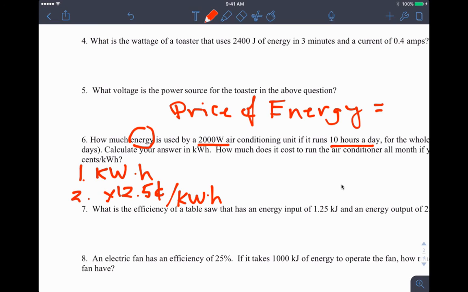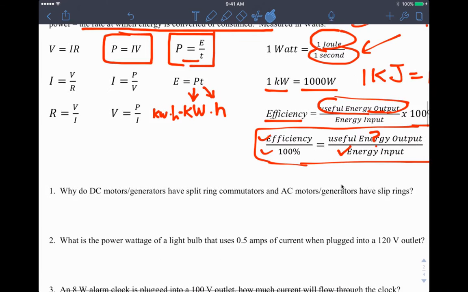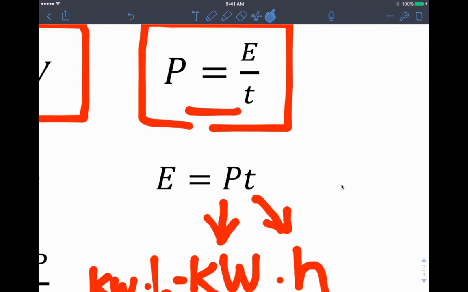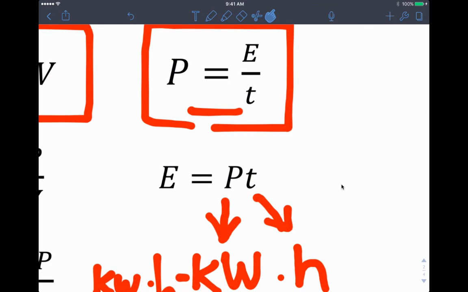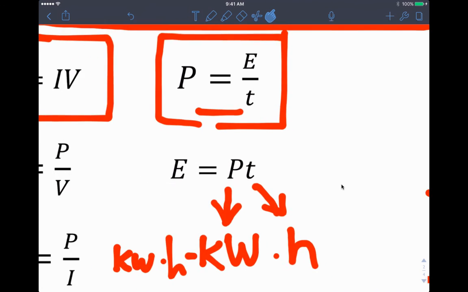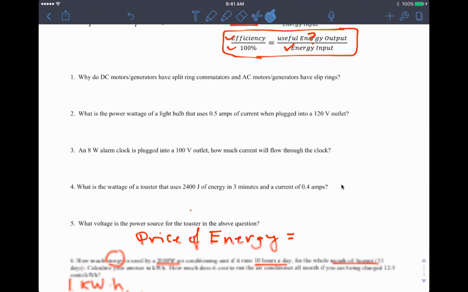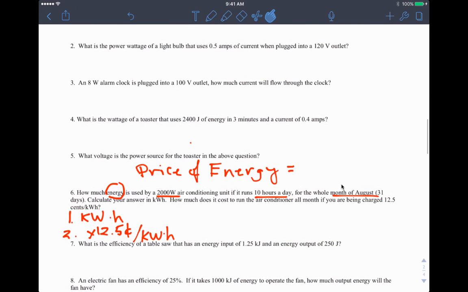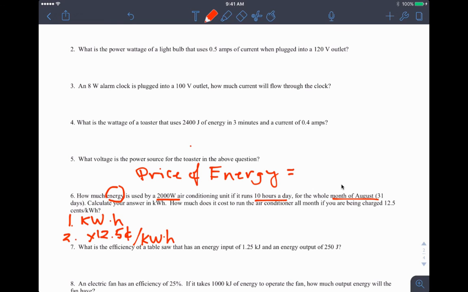So what we do is use this formula right here, E equals PT, and you just get your power into kilowatts and your time in hours, and then you multiply those two together. So let's do that for this one. I have 2,000 watts as my power. I'm going to turn that into kilowatts by dividing by 1,000, because there's 1,000 watts in 1 kilowatt.